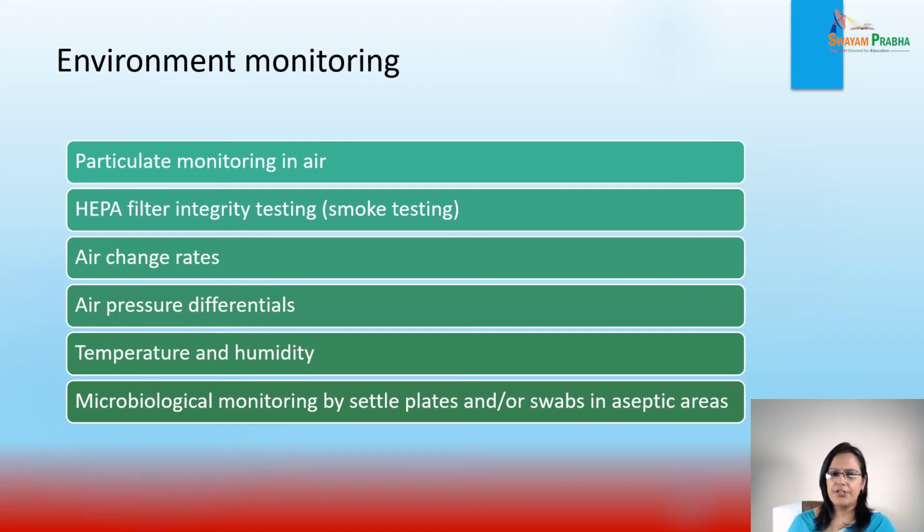So: particulate monitoring of air, which we have to do regularly, HEPA filter integrity testing, air change rate, air pressure differential, temperature and humidity, and microbiological monitoring by settle plates and or swabs in the aseptic area.